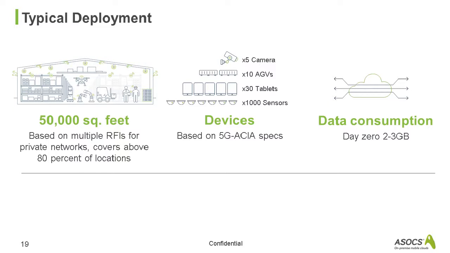Another key element that I think is an interesting data point to the audience is what a typical deployment really looks like on a production floor. To some of you that are familiar with RFPs in the LTE world, let's say in hospitality, it was always about supporting thousands or sometimes tens of thousands of devices in a stadium, large venues, etc. But really, the interesting factor is that more than 80% of all industrial locations worldwide are smaller than 50,000 square feet.